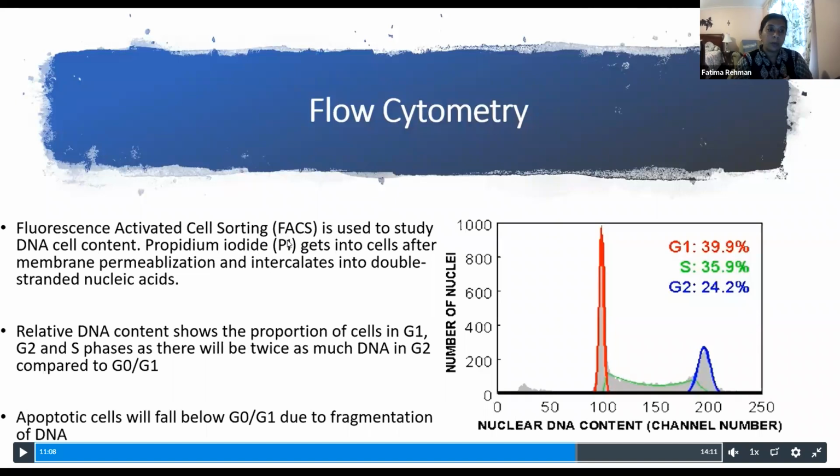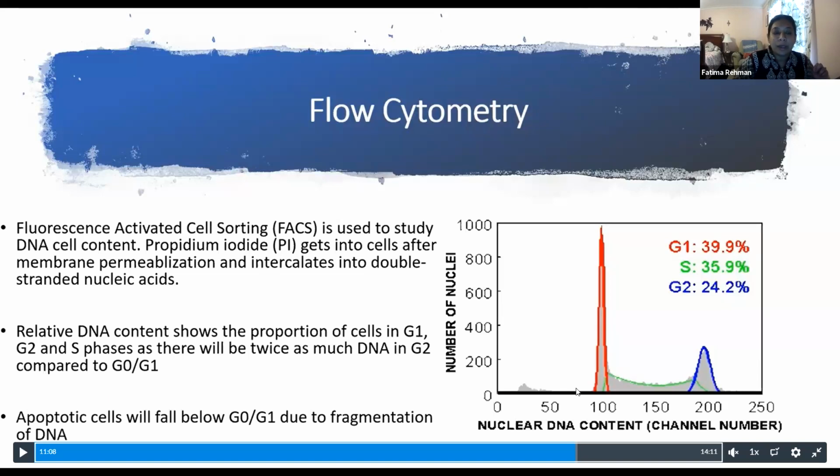We then make it go through the flow cytometer, which essentially takes a very narrow stream of the fluid so that it can look at every single cell as it passes through. It passes a laser through it to examine the fluorescence that's coming off that cell with the propidium iodide staining.